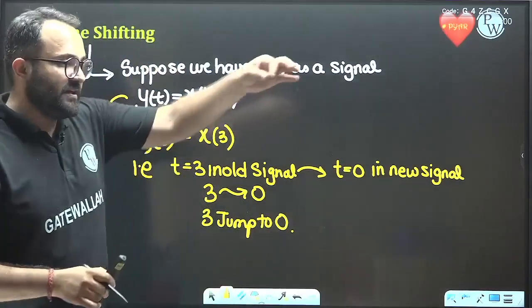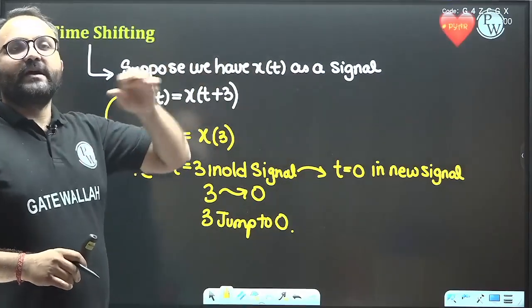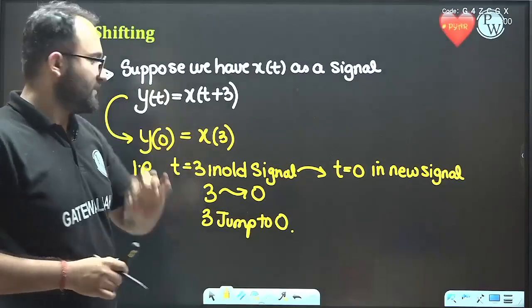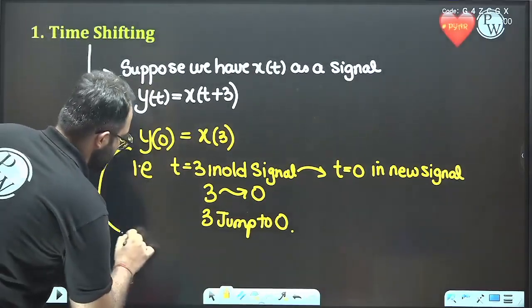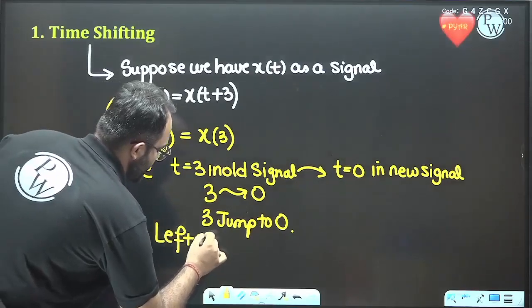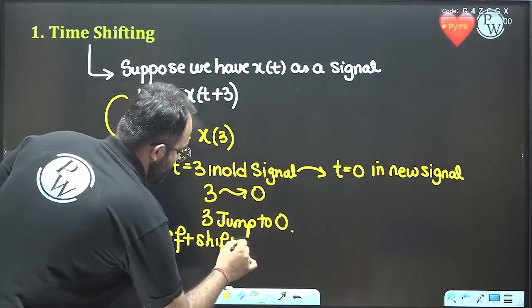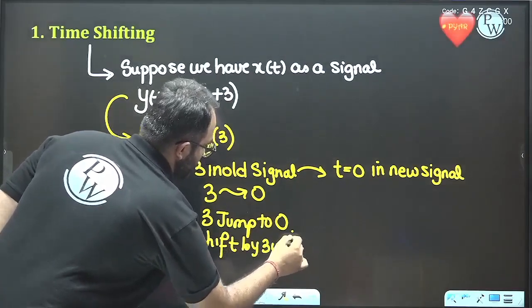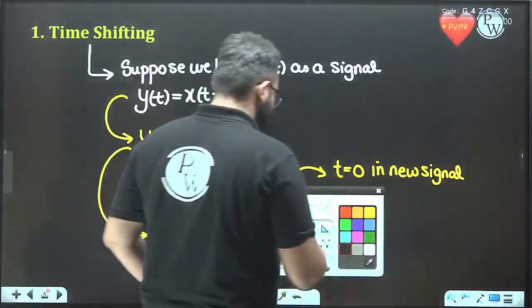So if 3 is jumping to 0, it means left shift by 3 units. Okay, this operation is left shift by 3 units.